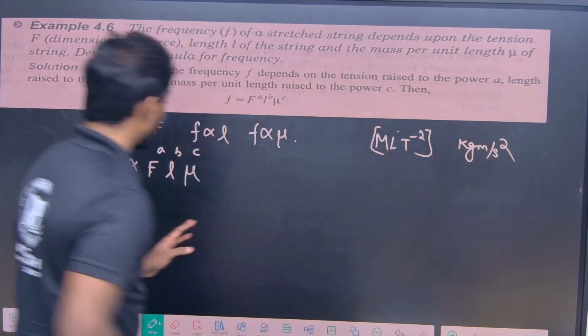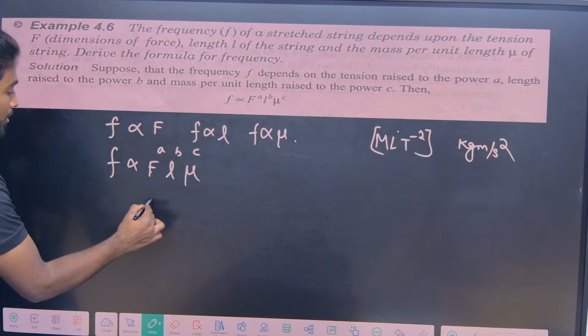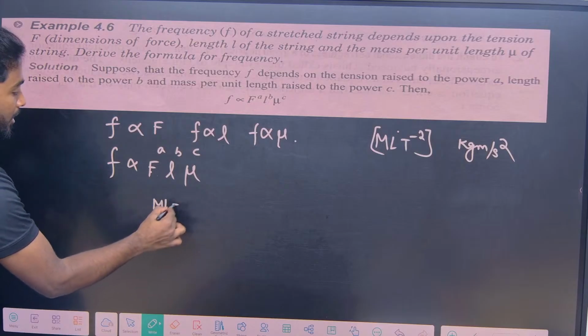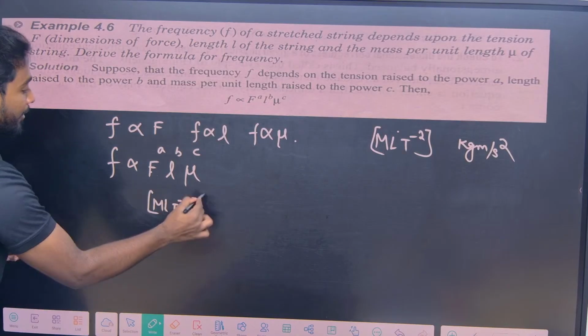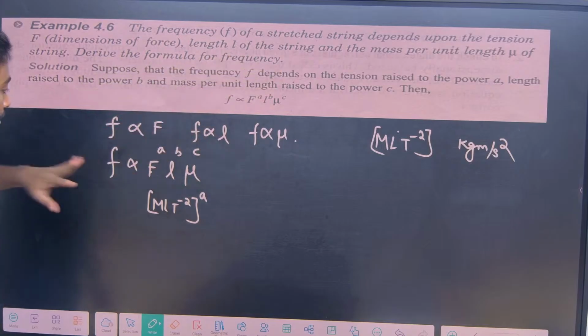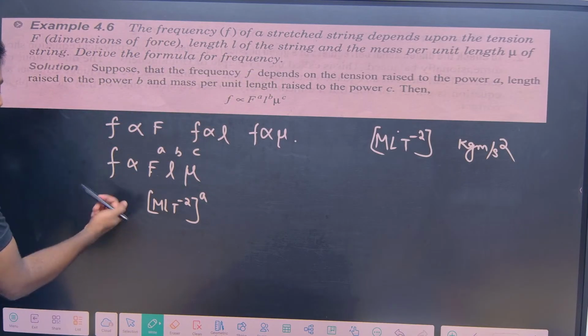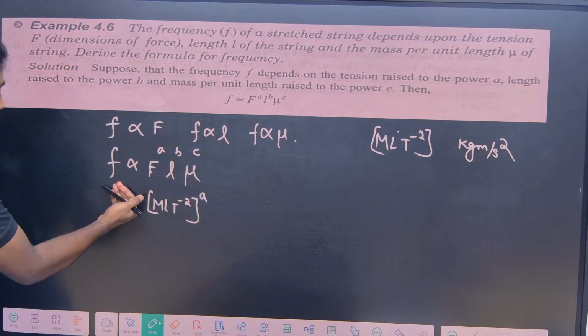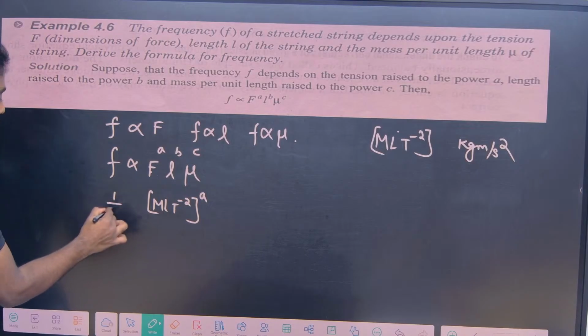So (M L T power minus 2) power a. Frequency is nothing but 1 by T.